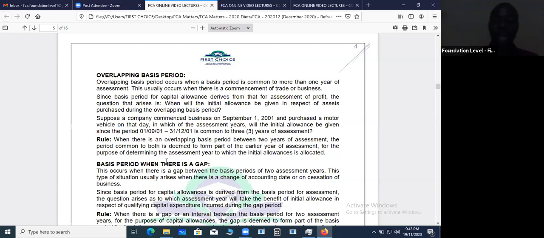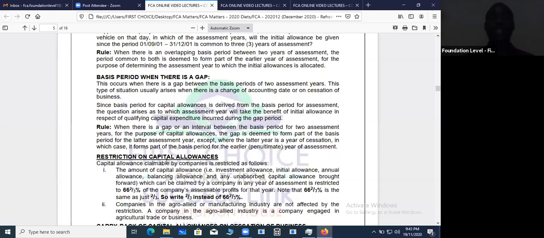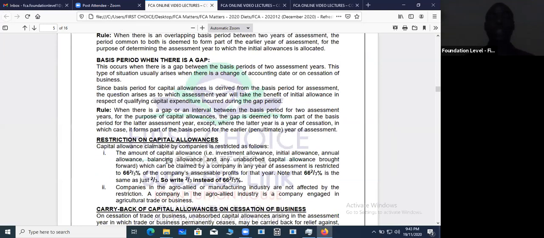What is a gap? Gap occurs when there are basis periods that do not follow each other sequentially. Let's say, for example, during change of accounting date, one particular date ends with June 30th, 2015.